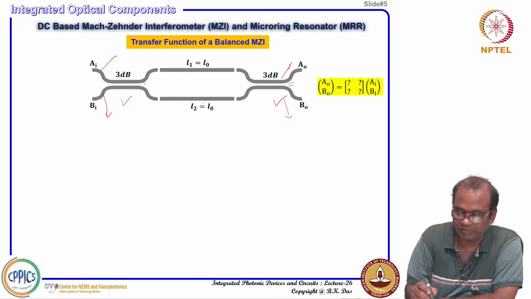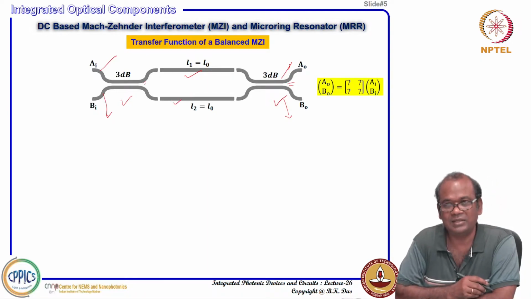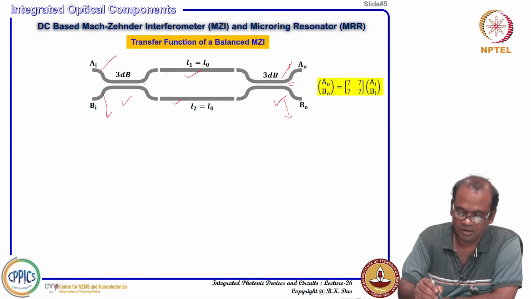You just connect them using two identical straight waveguides, L1 equal to L0 and L2 equal to L0. And these waveguides are identical.